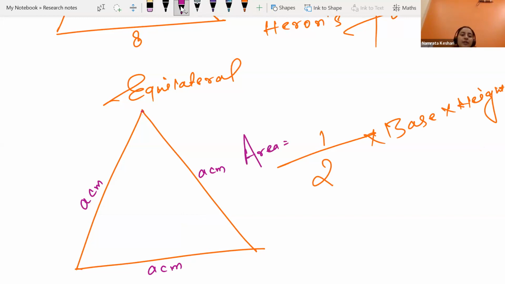Let's call it triangle ABC. In this triangle, we have to draw a height, meaning a perpendicular, maybe from the vertex A. Now, Irshad, here I have also explained that. Can you tell me what the base is over here, Irshad?